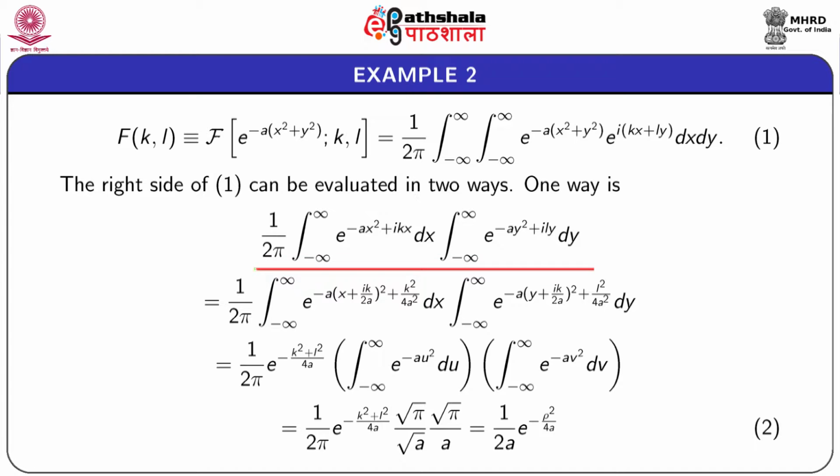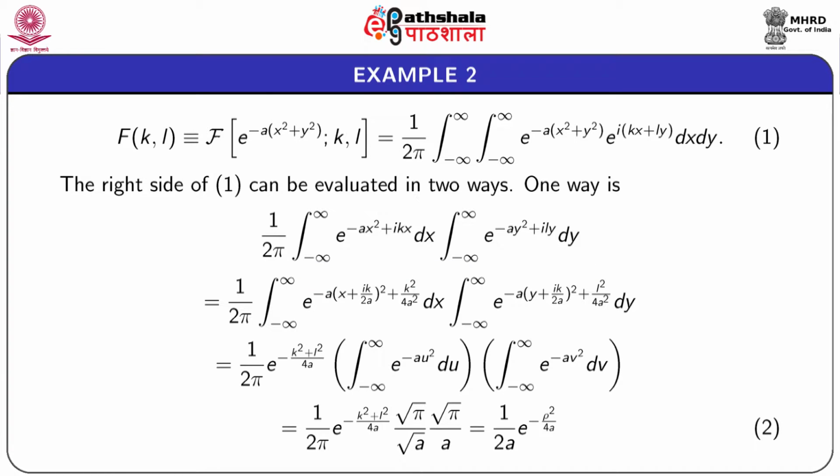1 by 2 pi integral from minus infinity to plus infinity e to the power minus a x square plus i k x dx, into integral from minus infinity to plus infinity e to the power minus a y square e to the power i l y dy. That is, we have separated out the x integral and the y integral.